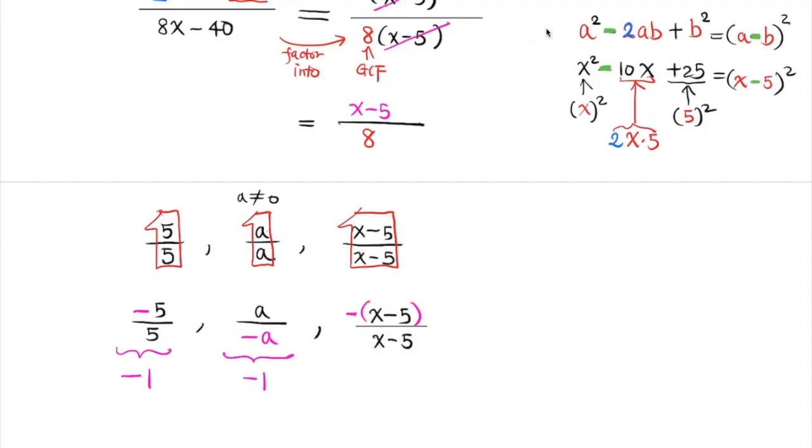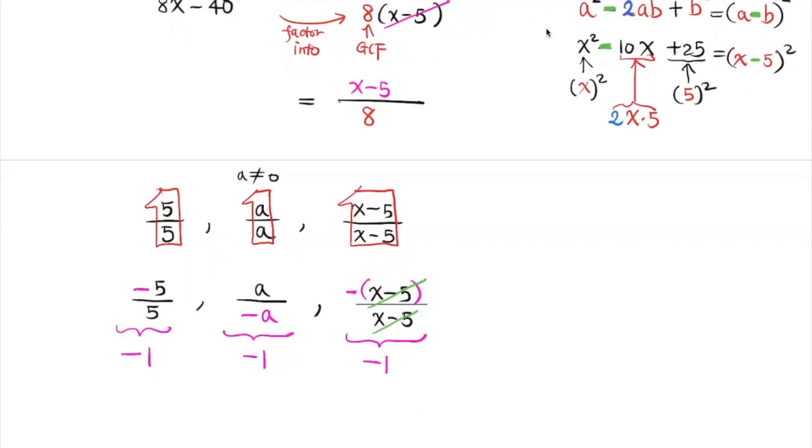What happened over here is this x minus 5 divides out, and we also get the result to be negative 1. So when we divide out factors that are opposite, we will get negative 1.